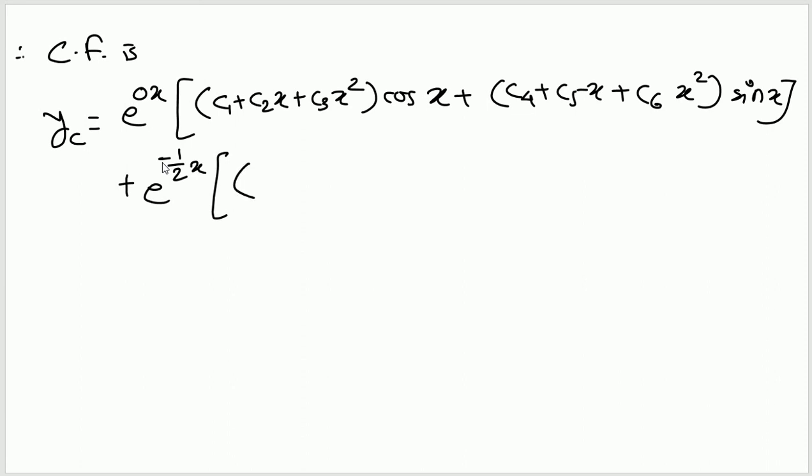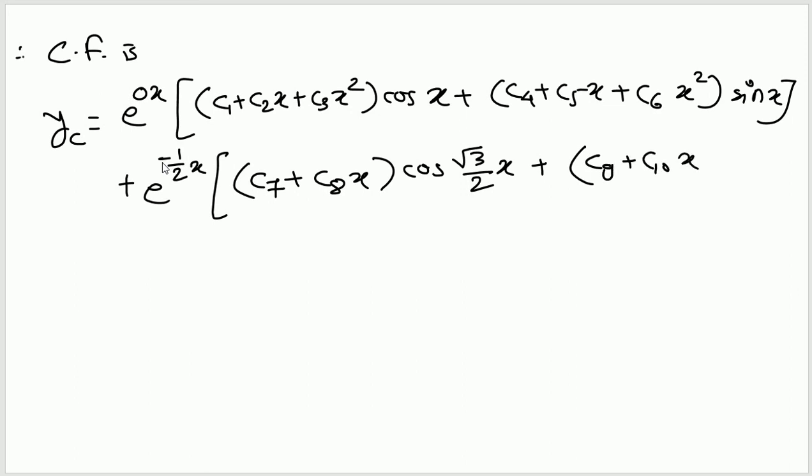We already took constants up to c6, so now it is (c7 + c8x) because roots are repeated twice, cos of (√3/2)x plus (c9 + c10x) sin of (√3/2)x.